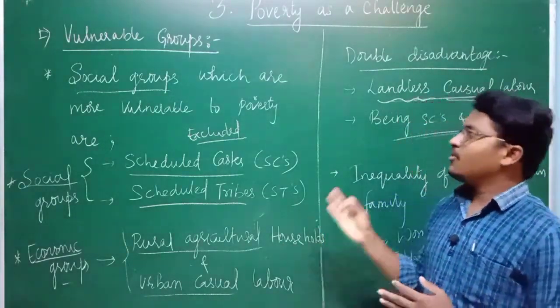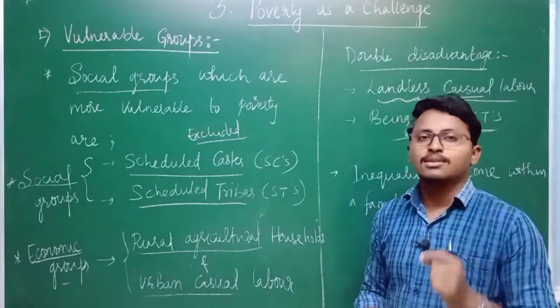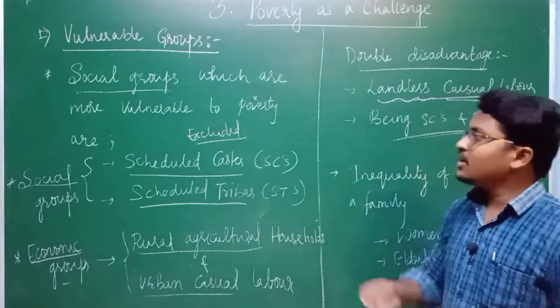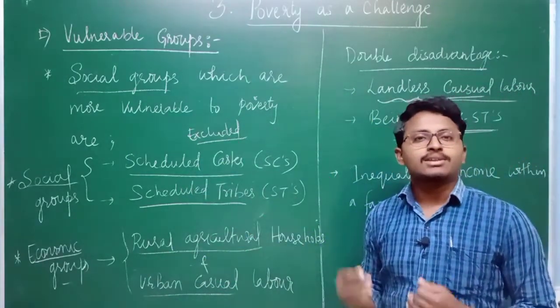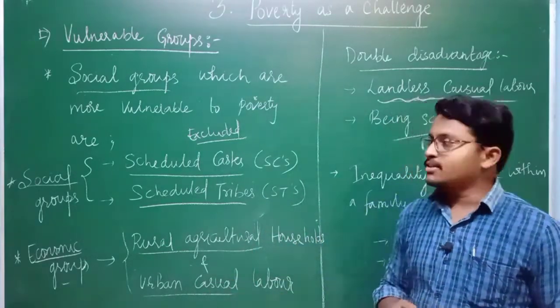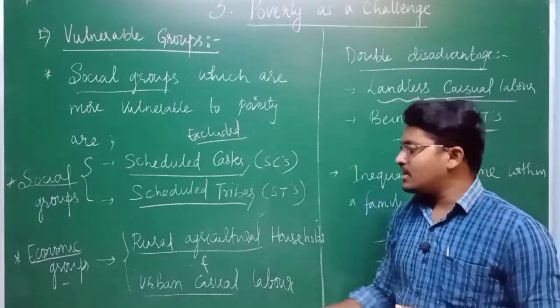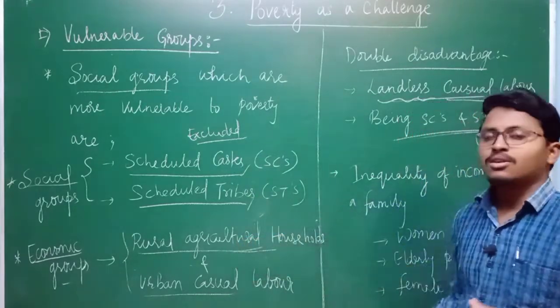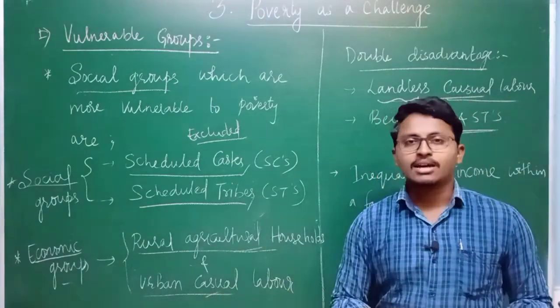So from this what we can understand is that there are some groups in the country who are always living on the edge of poverty. Chances are they may fall below the poverty line very quickly. So who are those? Again, scheduled castes, scheduled tribes, as well as people working as rural agricultural workers, and urban casual labor.